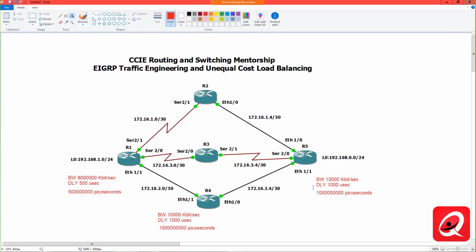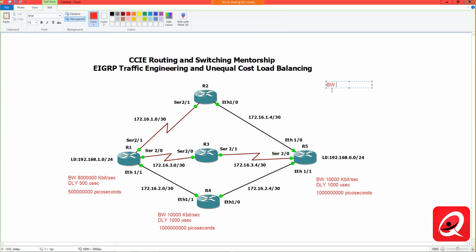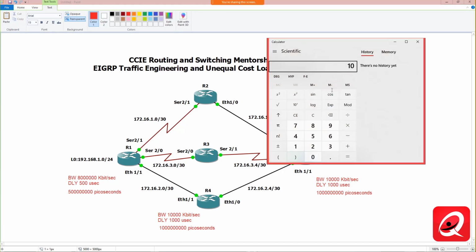So if I come back in here, I'm going to look at the worst bandwidth. We can see the worst bandwidth is 10,000 kilobits per second. So the bandwidth is going to be equal to 10 to the power of 7 times 65,536 divided by 10,000.